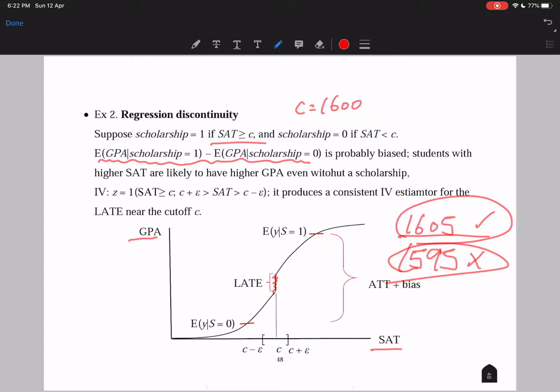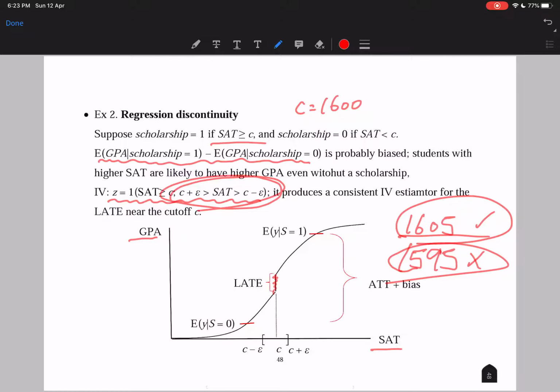Okay, and to do that, you can construct an instrument around the cutoff, right? So the instrument is just a dummy variable that indicates whether the person is above the cutoff or below the cutoff. But the trick is that we only restrict that to be around a small interval around the cutoff C, right?